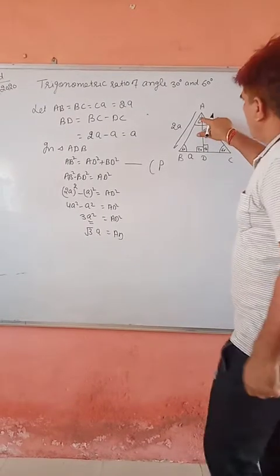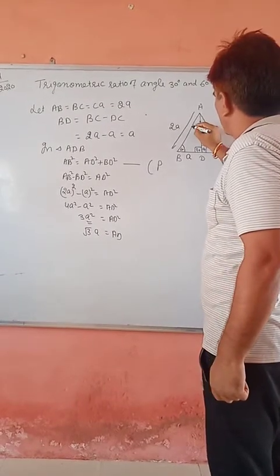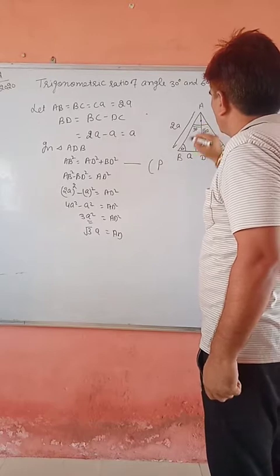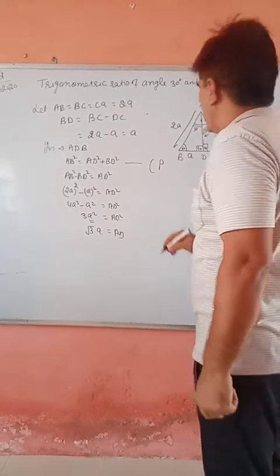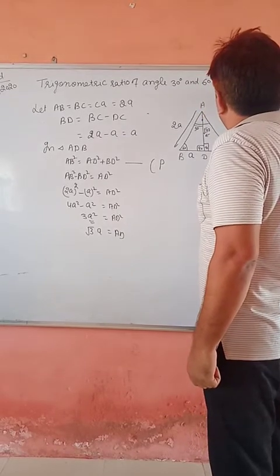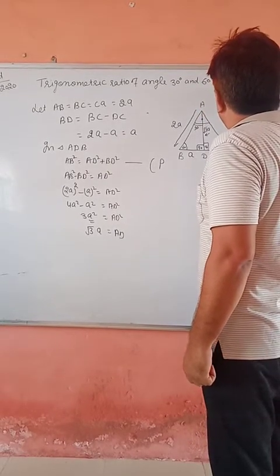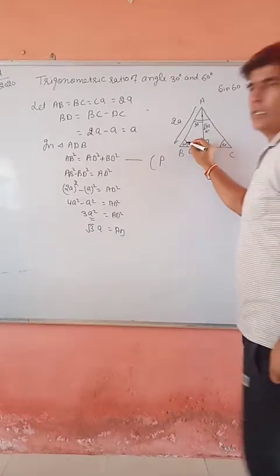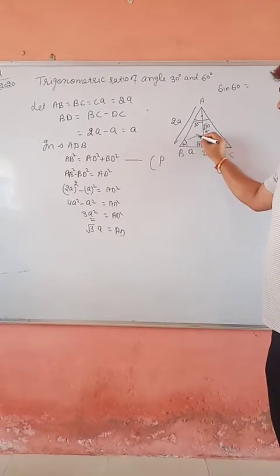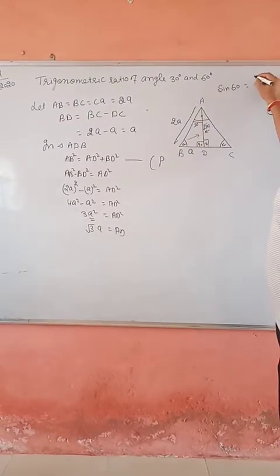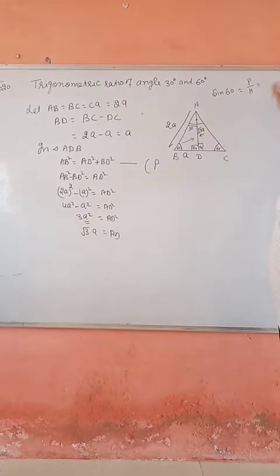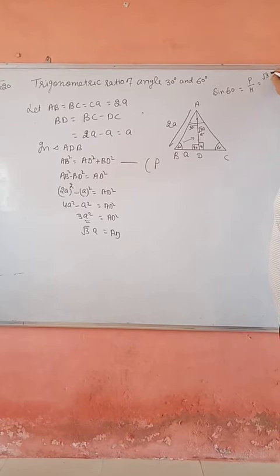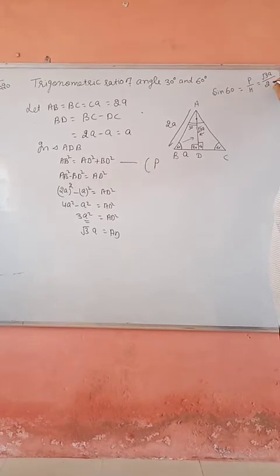Understood? And this angle. Now find out one thing. Sine of 60. This angle is 60 degrees. Opposite to it is the perpendicular. You know sine is perpendicular by hypotenuse. Perpendicular is what? √3A. Hypotenuse 2A.